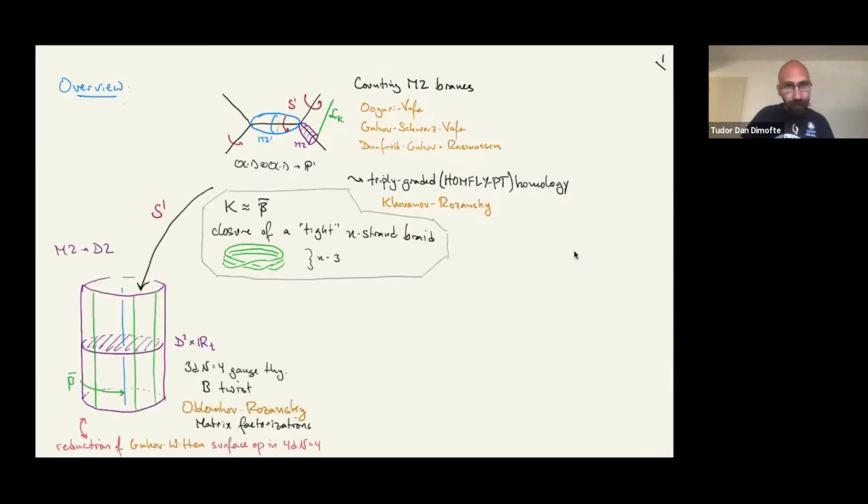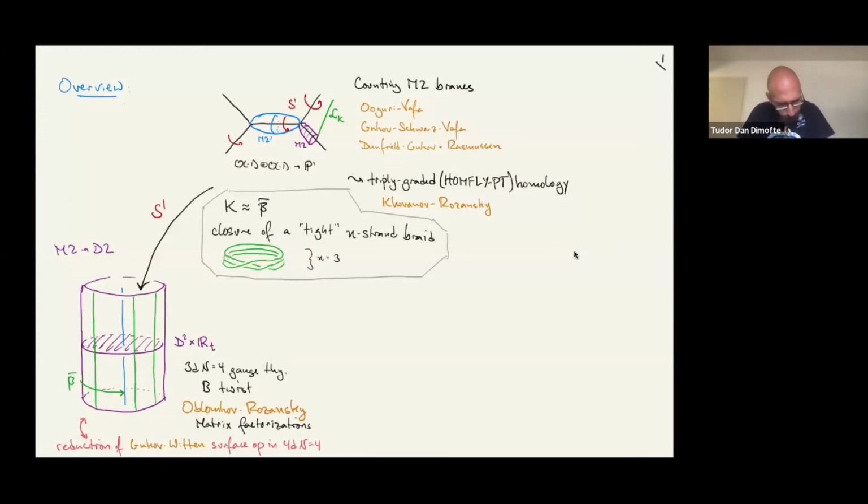One can compactify this Conifold setup, and the M2s become D2s, and we can look at the world volume theory on these D2s, which is going to be a 3D N=4 gauge theory.